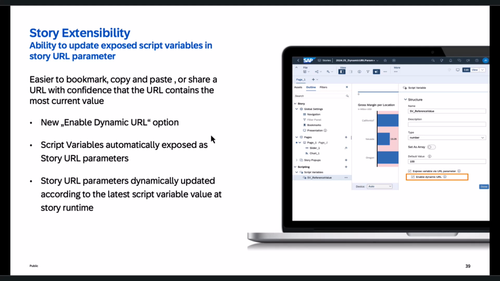What you need to do is go to this script variable, and there is a check mark called Enable Dynamic URL. Means once you check that, we can synchronize the URL and the script variable parameter in the URL with the actual value current in the story. And the story parameters can dynamically update according to the latest script variable value at story runtime.